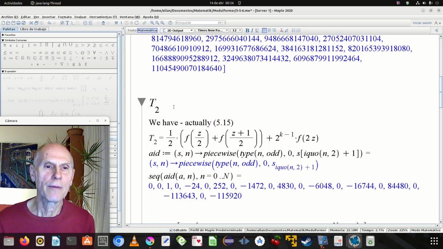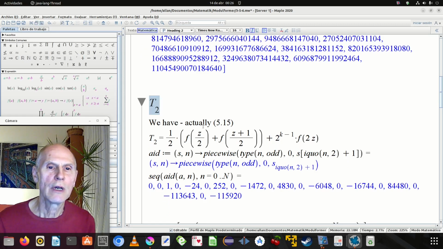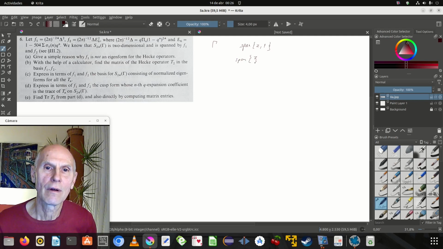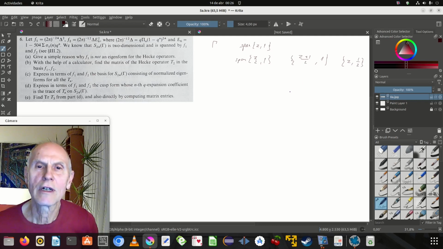So first I want to compute T2, and I actually went back to write up what are all the lattices we work on. And that's what we've got.